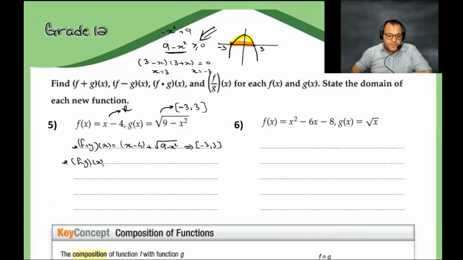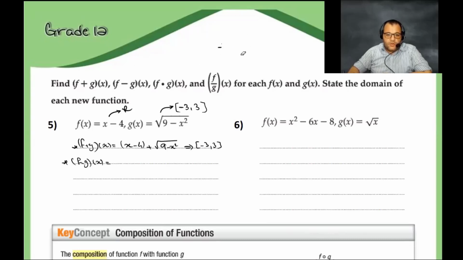Sir, how do you find the common domain? For a common domain, draw the number line. The domain for the first one is R. The domain for the second one is from -3 to +3, closed and closed.